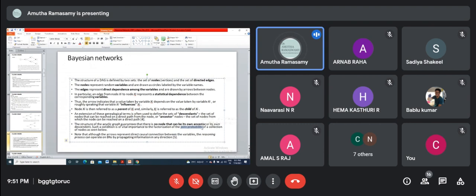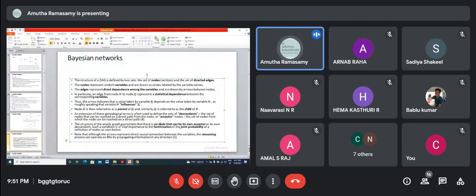There are some terms we are going to learn. What is the joint probability? What is a factorization? We are going to see everything now. Note that although the arrows represent the direct causal connection between the variables, the reasoning process, what is this reasoning?